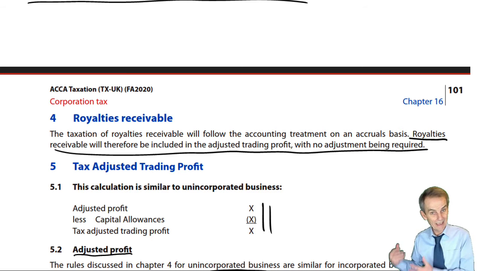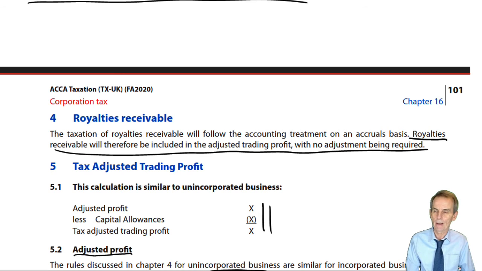When we get to the capital gains for companies chapters, that begins on chapter 19, I think it is, then you'll see how it is specifically that we deal with the computation of a gain, so far as companies are concerned.